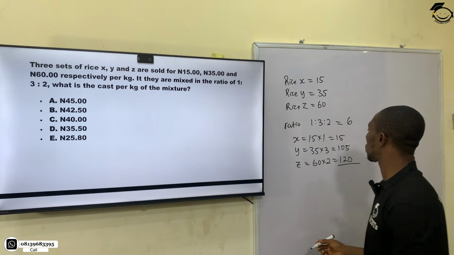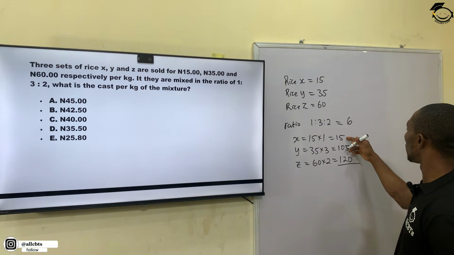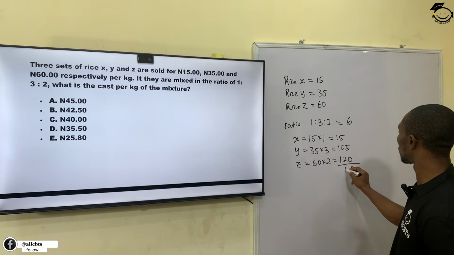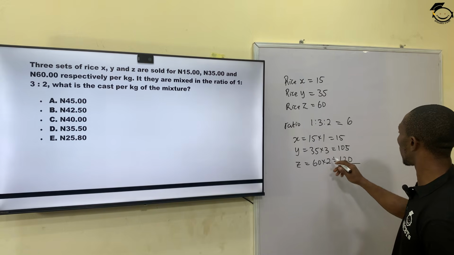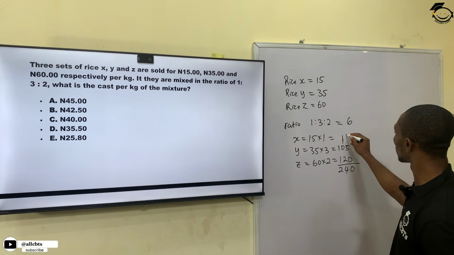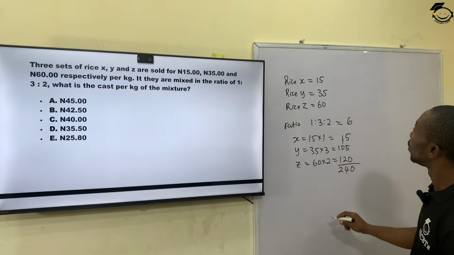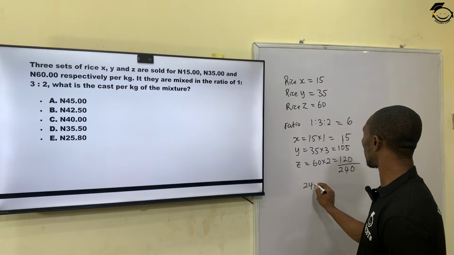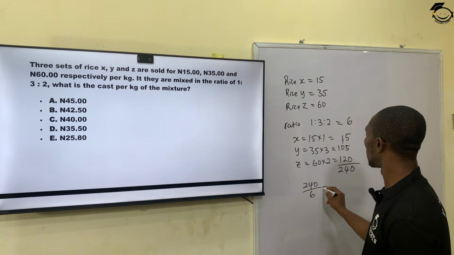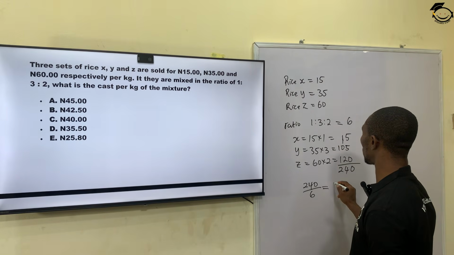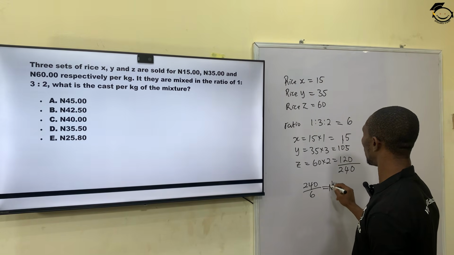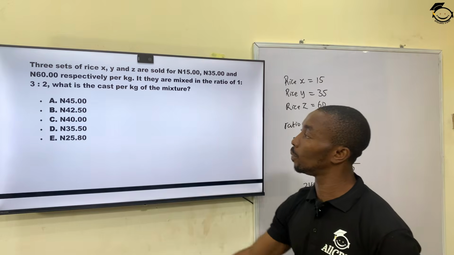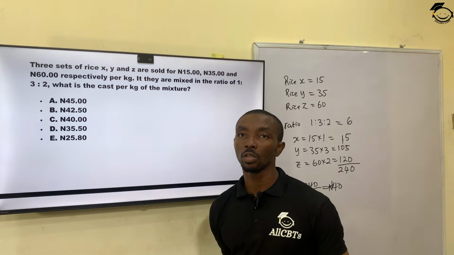So in this ratio, the total mix here will be 240. Now, for us to find the cost per kg, we take 240 divided by 6. Now, 240 divided by 6 will give us 40 naira. So, the cost of the mixture per kg will be 40 naira, which is option C.